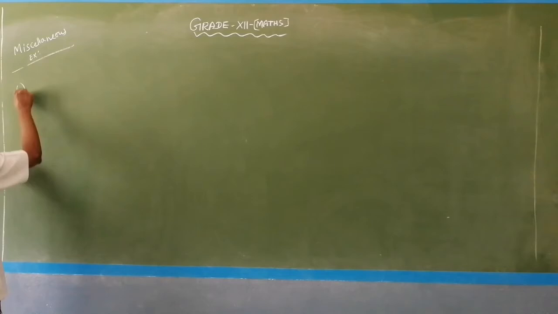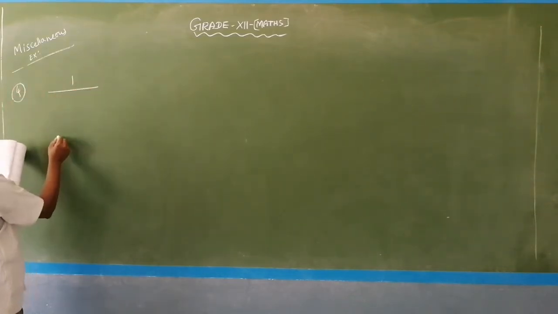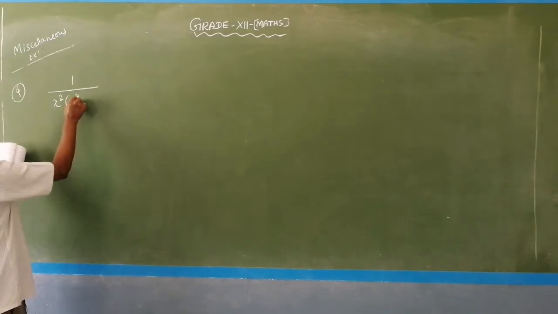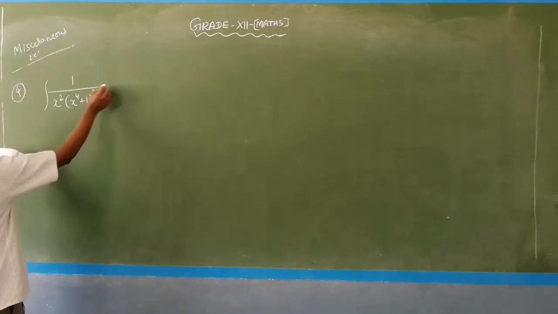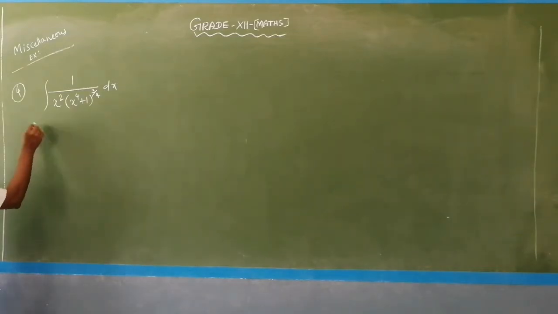Next, question number 4. Integral of 1 by x square into x power 4 plus 1 whole power 3 by 4 dx. Now assume it is I and let us simplify this.